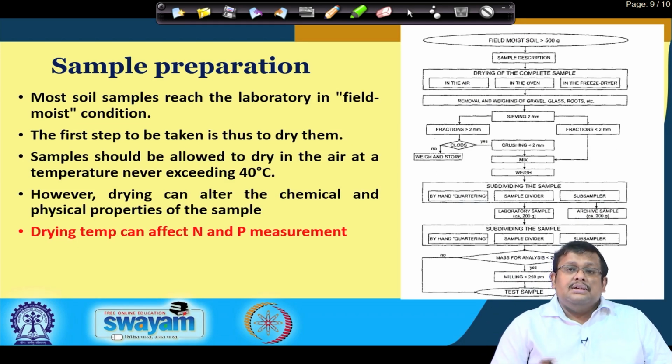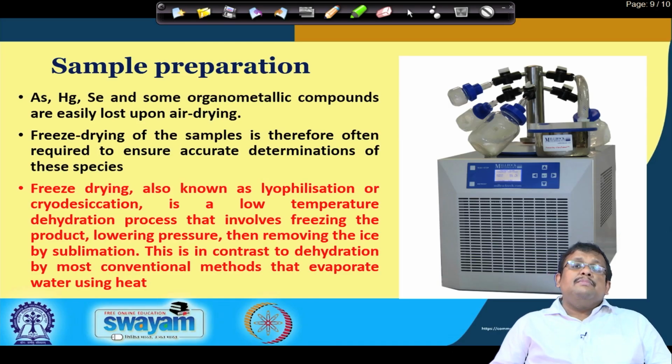However, for drying, you also remember one important thing, that there are certain metalloids or organometalloid compounds, for example, arsenic, then mercury, then selenium, they can easily be lost by air drying also.